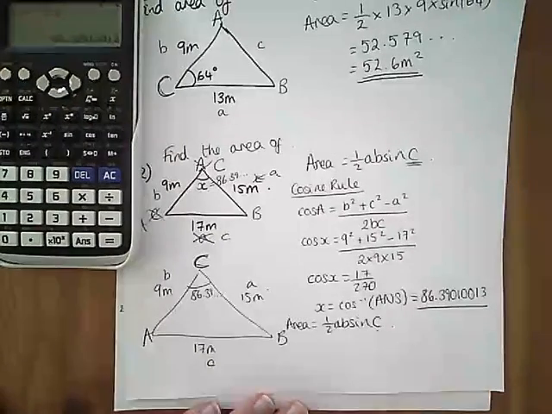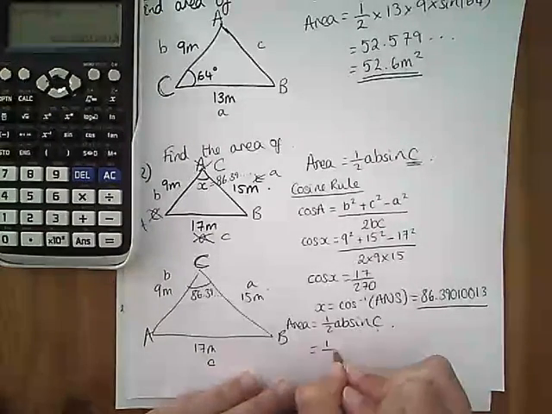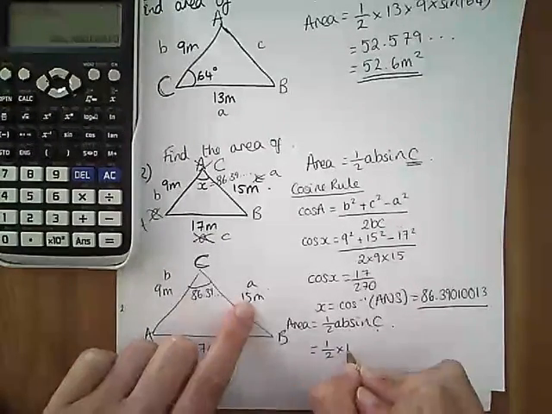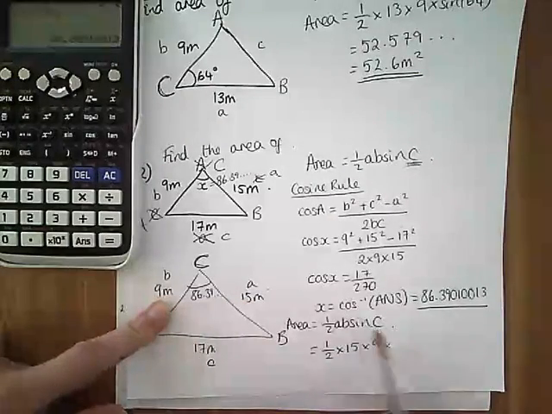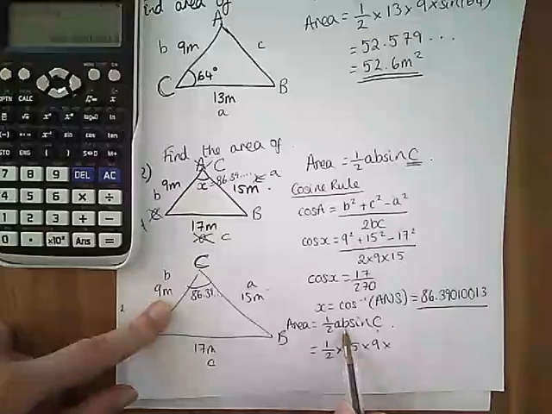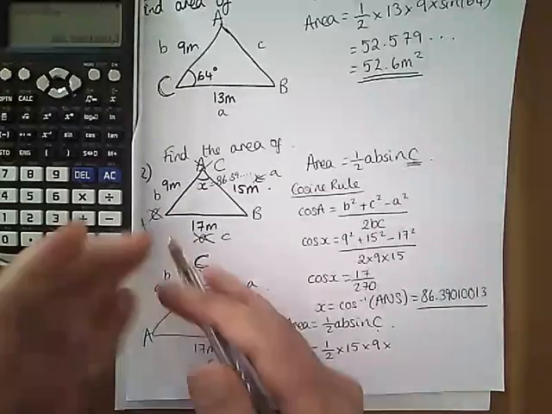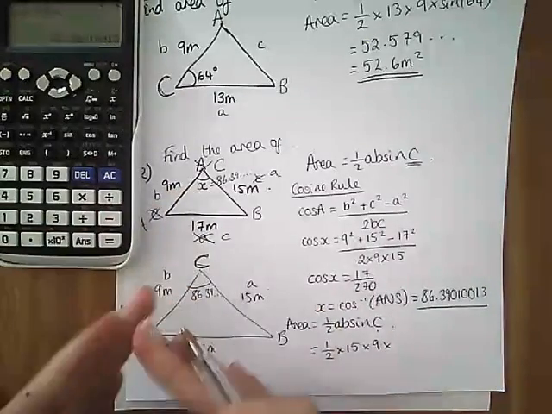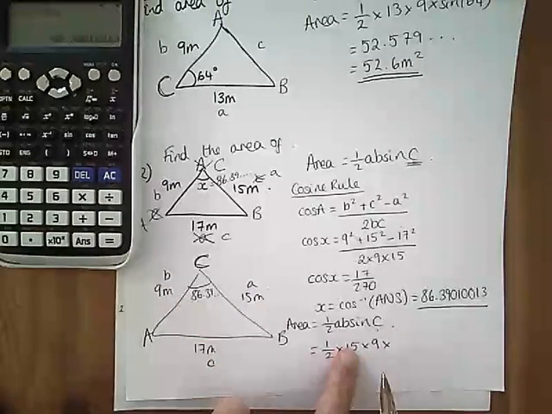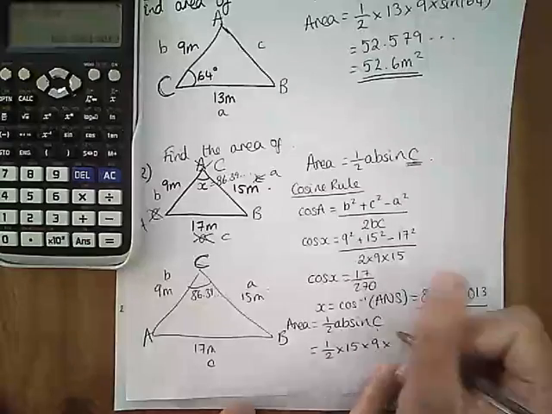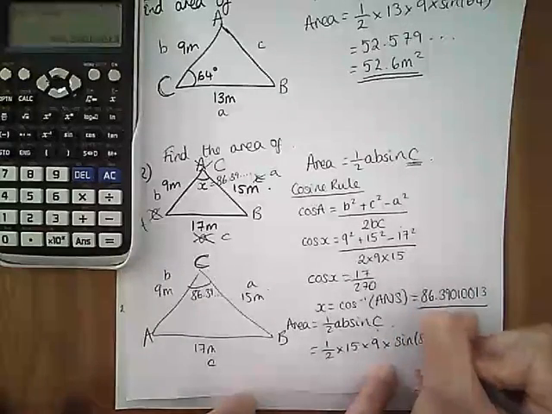Okay, so now we are checking in the area. So I've got a half times our new A, which is 15, times our new B, which is 9. This goes back to what I was saying earlier about these two sides needing to hold the angle. So the angle has to be between our two sides, our little a and b. Okay, so it's those two. A half times 15 times 9 times sine 86.39 and so on.